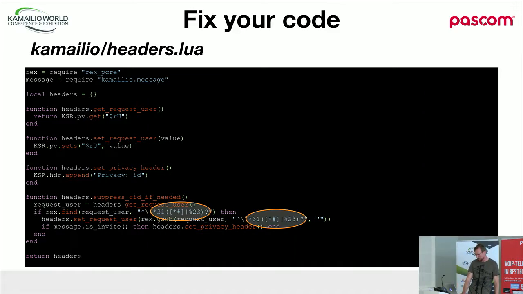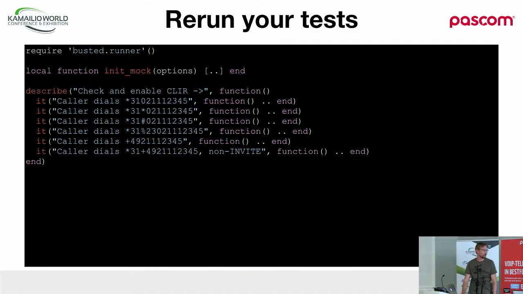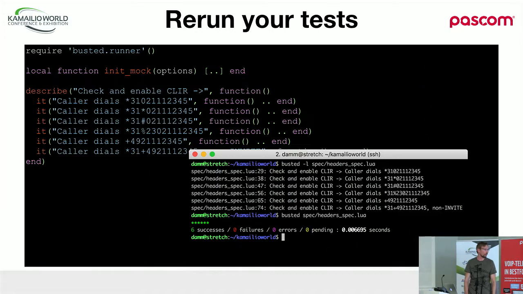So I fixed my code, reran my tests, and finally I got 6 successful tests. Yay, got my function tested. And now, if somebody changes something in this function, I can make sure by running those tests before deploying it that nothing got broken.